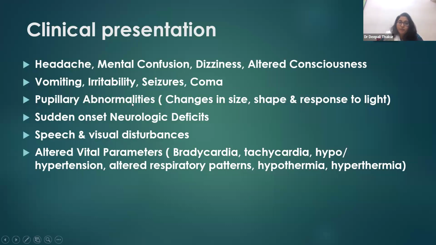Pupillary abnormalities are commonly seen, changes in size, shape, and response to light. Sudden onset neurologic deficits are very common. Speech and visual disturbances occur if the corresponding areas are injured. And there may be altered vital parameters. These patients may sometimes present with bradycardia, tachycardia, or hypotension, depending upon the pattern of injury.